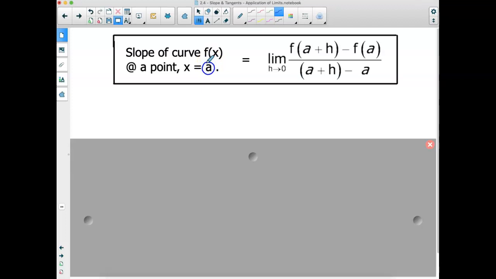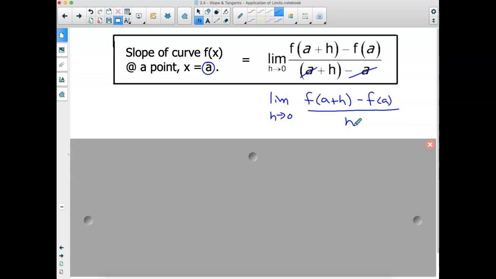So as I said, no matter what x is, hopefully you're going to see that it quickly goes to the limit as h approaches 0 of f of a plus h minus f of a all over h. And then what we need to do is plug in and expand, okay?